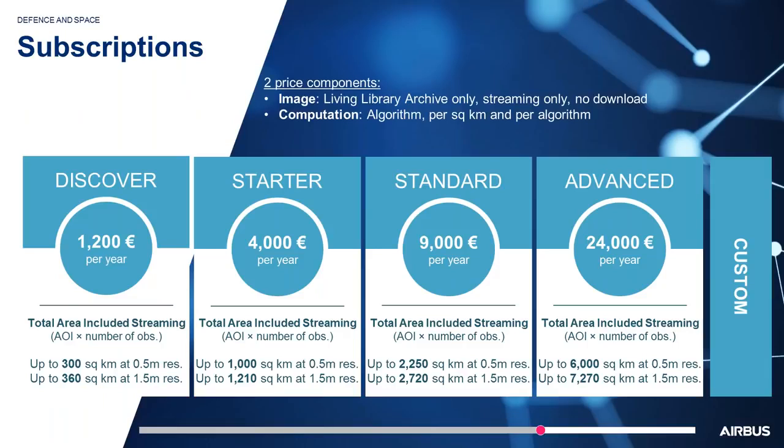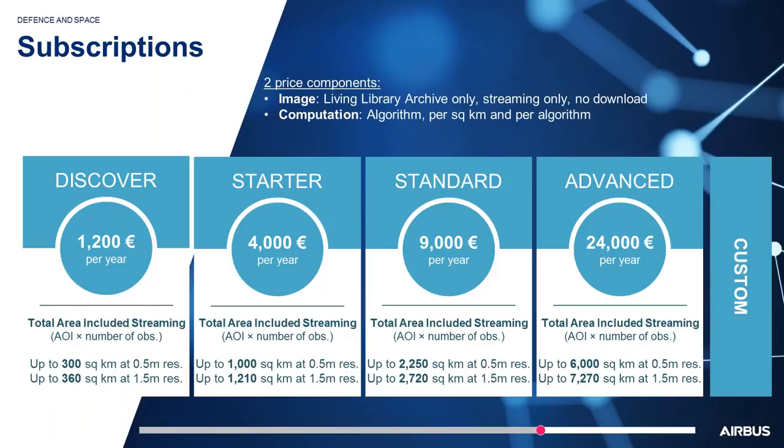One precision: each package, each subscription pack here includes the image and the computation. So for example, for the Discover, for the price you have on the screen, we provide the image based on the Living Library archive only at this time. Again, the tasking will be included in the next version.